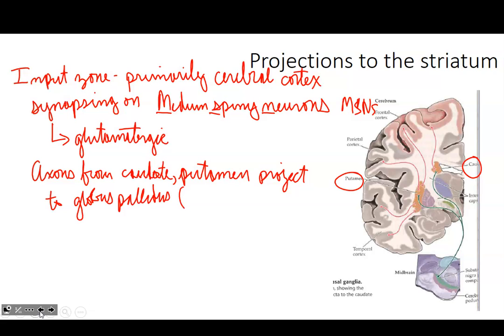So we'll do a bunch of abbreviating here. The globus pallidus and the specific portion of the substantia nigra that we'll talk about, the substantia nigra pars compacta.